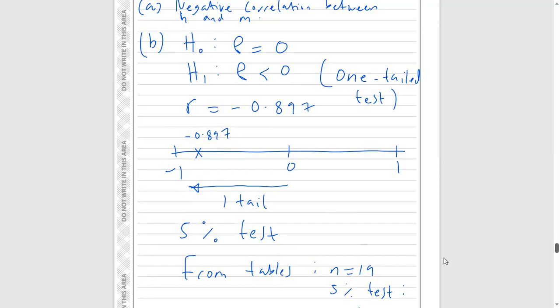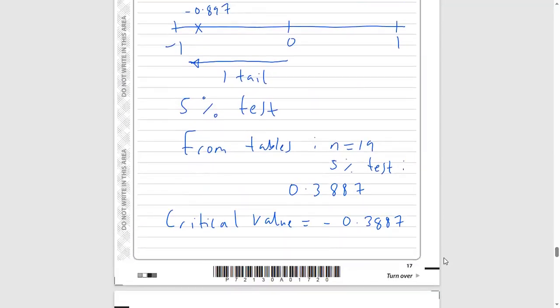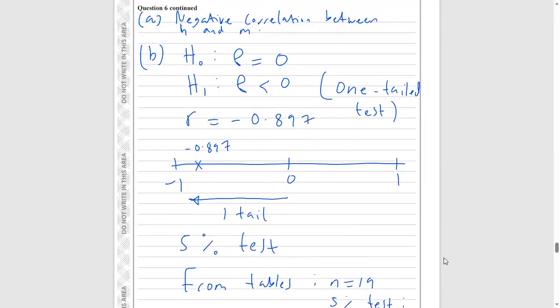So what we need to do with the number we got from the tables is just put a minus sign in front of it, because basically the positive critical value here is 0.3887, but that's reflected on the negative side as well.